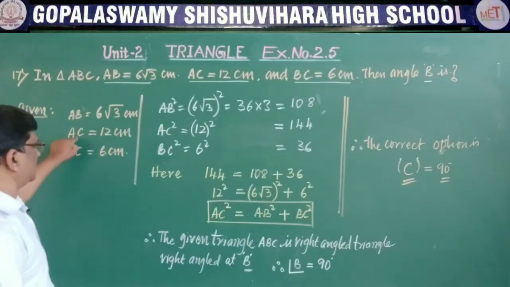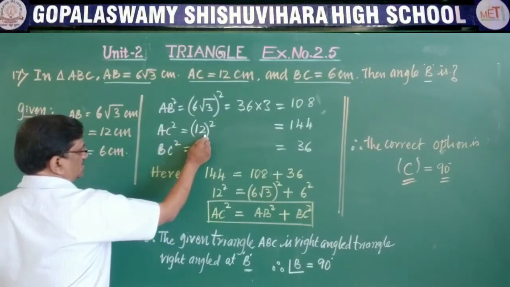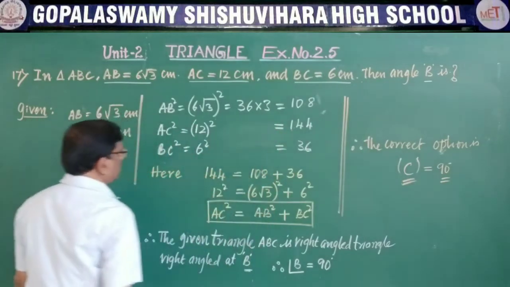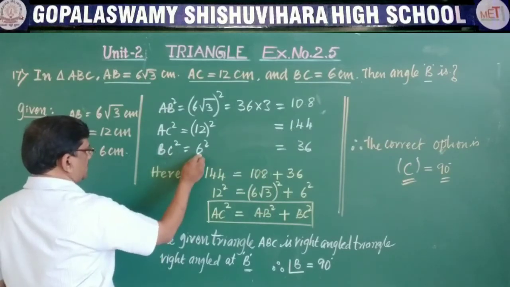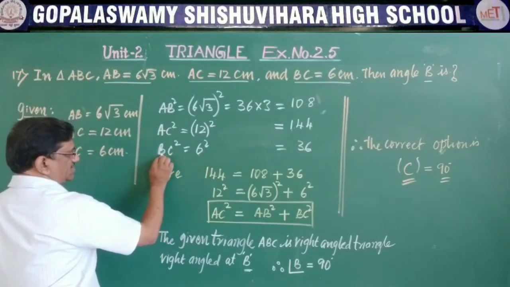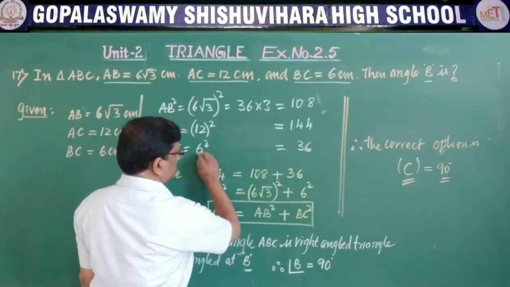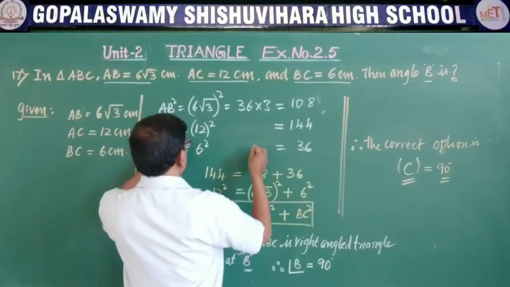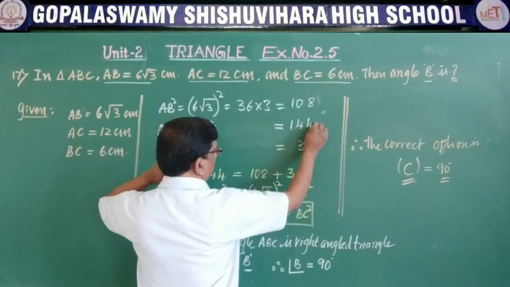If you take AC square, AC is equal to 12, so 12 square is equal to 144. Next, you see the third one, BC is equal to 6 centimeter, BC square is equal to 6 square, so square of 6 is equal to 36. Look at this. Here AC is equal to 12, so square of that is 144.